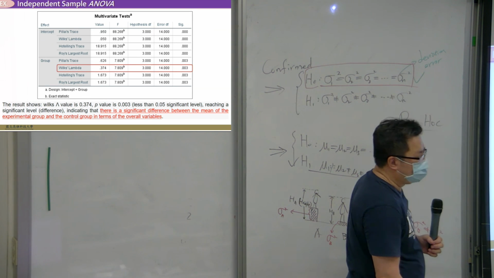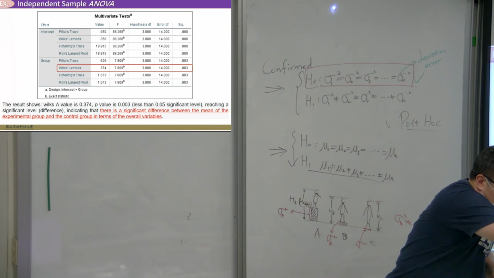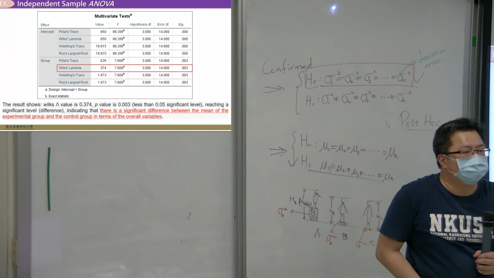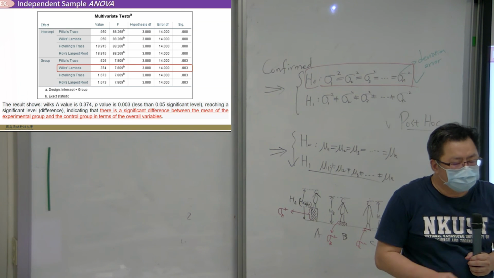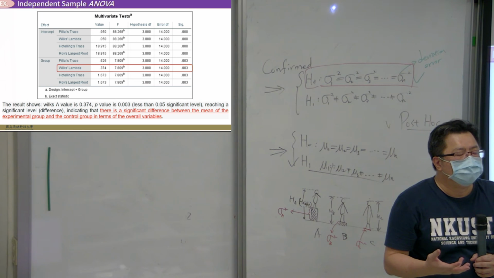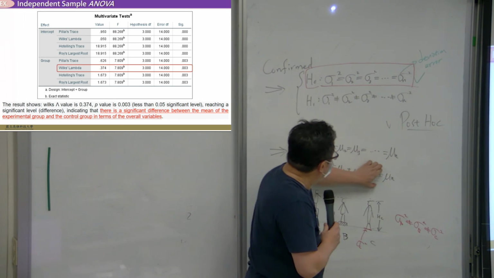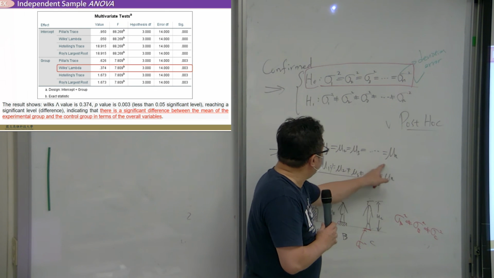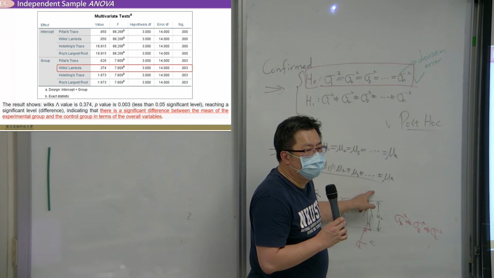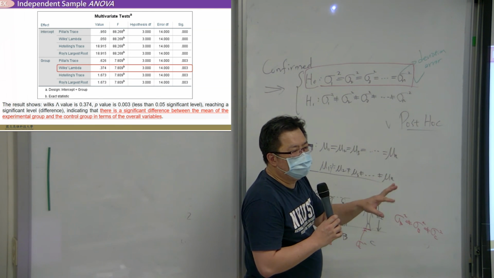That means what? I told you, MANOVA is looking at all the variables. Not only one, not only two, all the variables. All the variables tell me if they are siblings, brothers and sisters together.